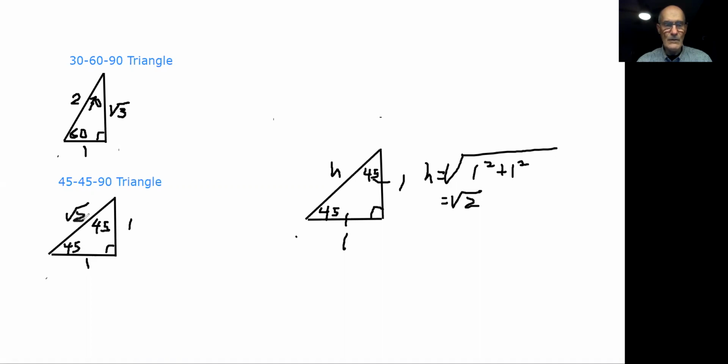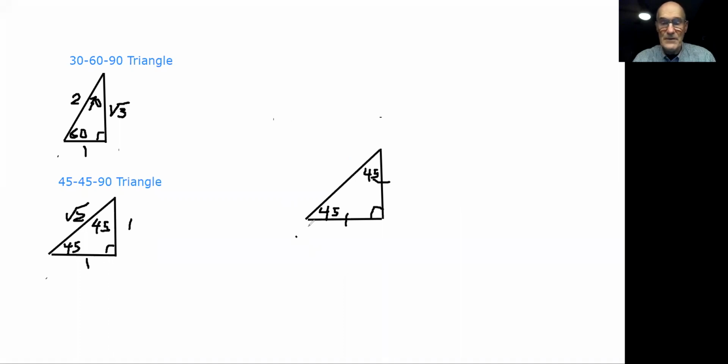Now, once again, if I erase all my extra stuff here, you can have two types of problems. You can say, okay, if this side right here is 5, then what is this side and what is the hypotenuse?